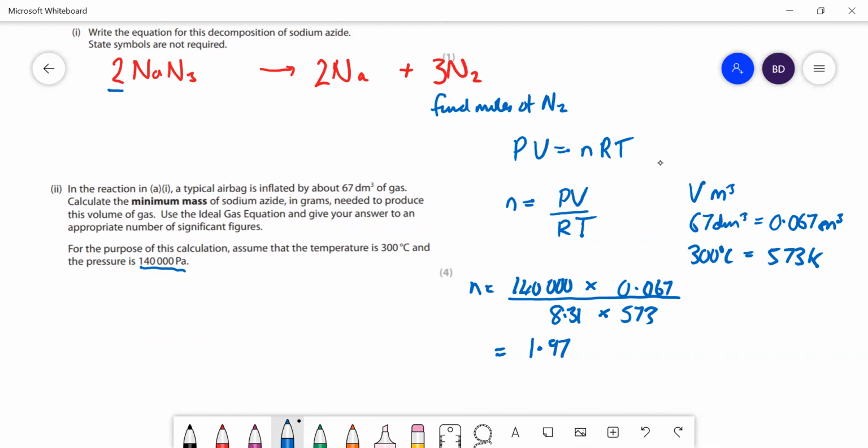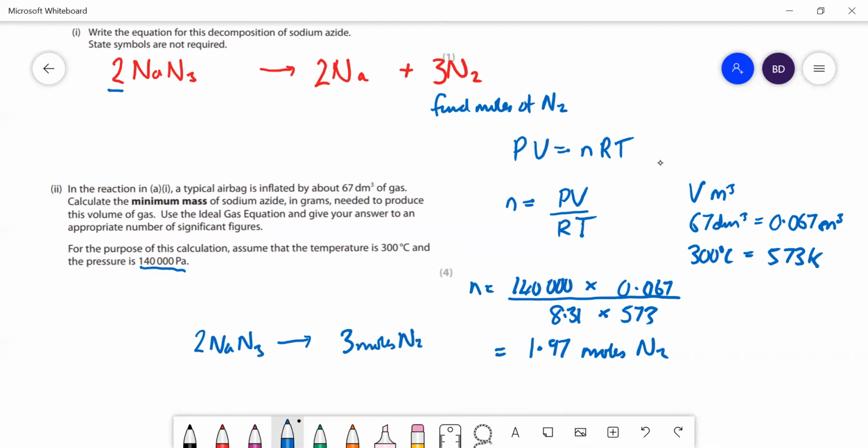Okay, that's how many moles of gas we've got of N2. Now we've got 2 moles of NaN3, sodium azide, give 3 moles of N2.